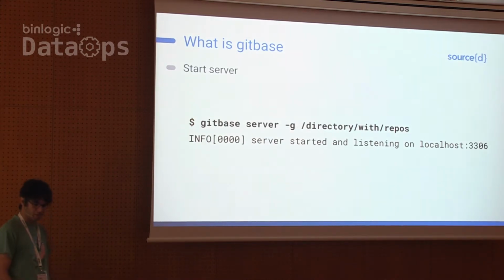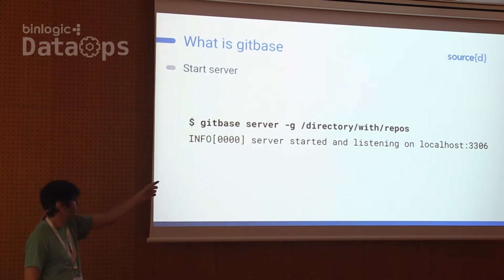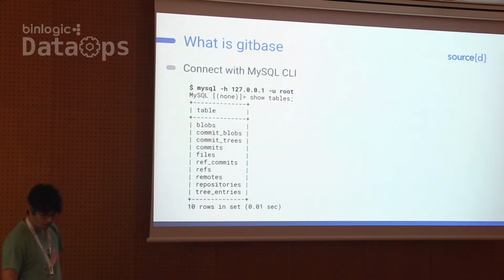Basic run of Gitbase. To start, you just provide a directory with the Git repositories. And then, for example, with the MySQL client, you can connect to the port that it opens, and you can start sending queries and get information just as with a normal MySQL database.